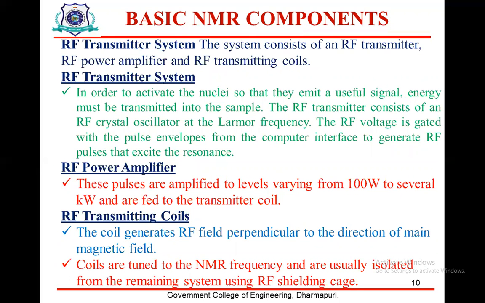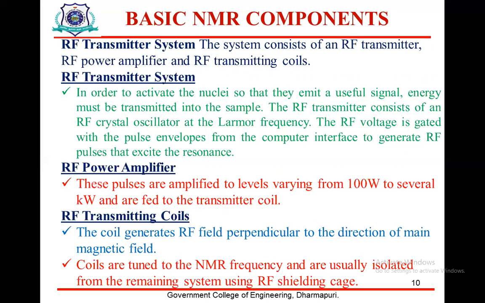The next basic NMR component is the RF transmitter. It contains an RF transmitter, RF power amplifier and RF transmitting coil. In the RF transmitter system, to activate the nuclei, useful signal energy must be transmitted into the sample. The RF transmitter consists of an RF crystal oscillator at the Larmor frequency. The RF voltage is gated with the pulse envelopes from the computer interface to generate RF pulses that excite the resonance.